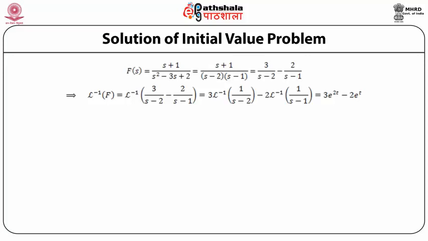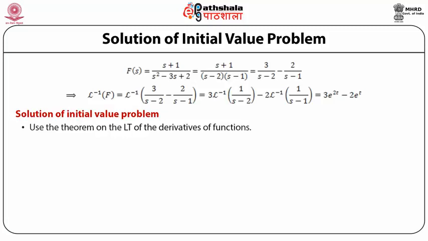We will now apply Laplace transforms to find the solution of the initial value problem for linear second order equations with constant coefficients. For this, we will use the theorem on the Laplace transforms of the derivatives of functions. We have the initial value problem y double prime plus p y prime plus q y is equal to the function small f of t, where y of 0 is equal to a and y prime of 0 is equal to b.